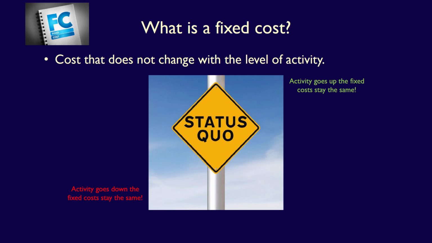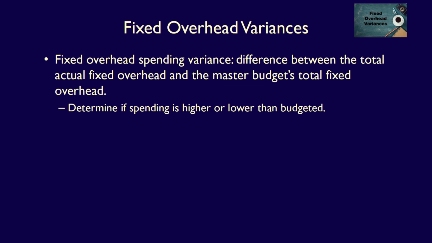Why? Because fixed costs don't change with the level of activity, so there should be no change between the actual fixed overhead costs and the budgeted fixed overhead costs in the original master budget at the original level of activity. The fixed overhead spending variance shows if the spending on fixed overhead is under or over budget by comparing the actual spending to the original budget's prediction of what will be spent.